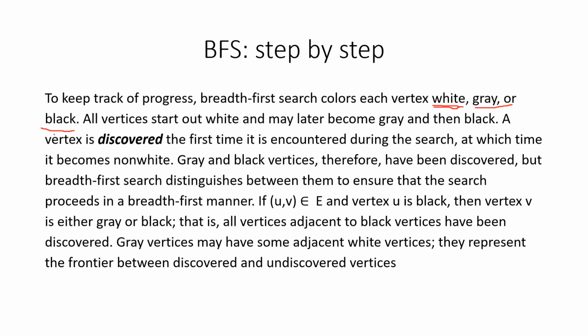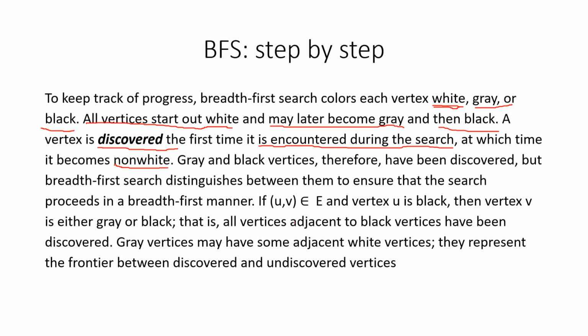And black means that we fully finished discovering that vertex. So all vertices start out as white, then they become gray, and then black. When a vertex is discovered the first time during the search, it becomes non-white. It becomes first gray, then black.